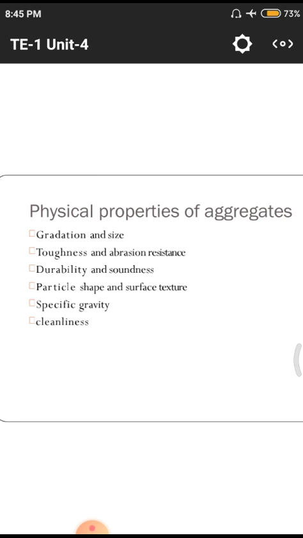And sometimes it goes for abrasion, which means some quantity of resistance against moving loads. Those we call abrasion. The toughness and abrasion resistance tests we need to do in the transportation engineering lab. All these are laboratory tests. According to the tests, we have to observe what the toughness value is and what the abrasion resistance value is. All those things we have to find out.